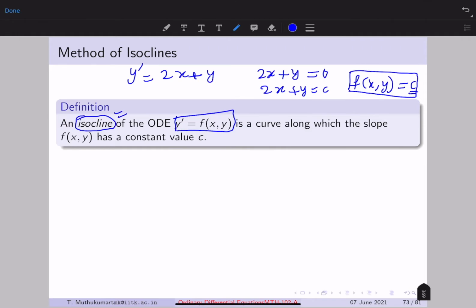That curve is called isocline. Iso means same, cline means inclination. So the curve along which the tangent has the same inclination is called isocline, right? So in this example, this is an isocline for slope 0, this is an isocline for slope c, and so on, along which they have the same slope.